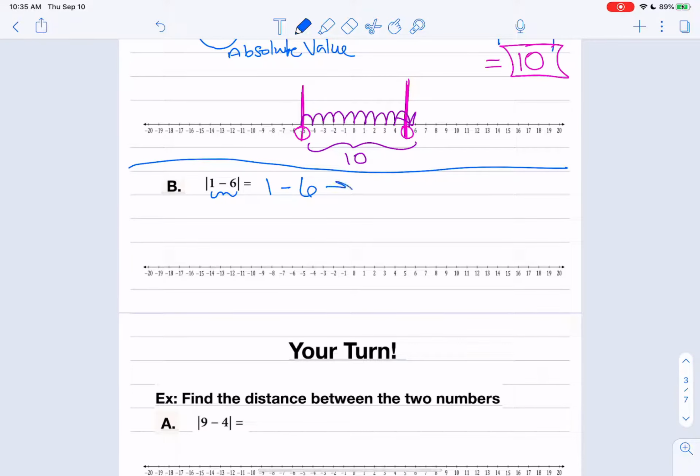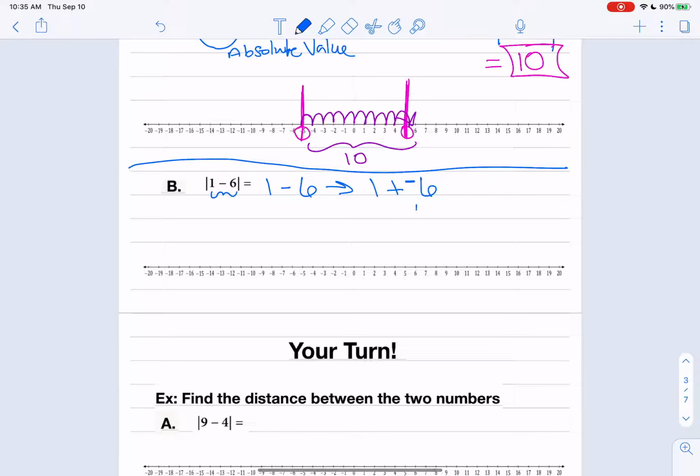We're going to change that to an addition problem by changing the subtraction to addition and changing the sign of the second number. So that 6 was positive, now it's going to be negative. The signs are different, so you need to remember when adding integers, if the signs are different, we subtract and take the sign of the bigger number.